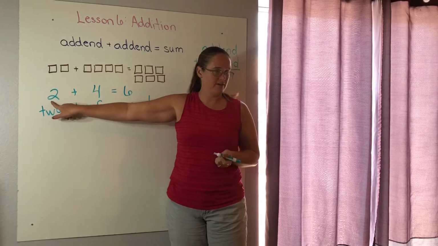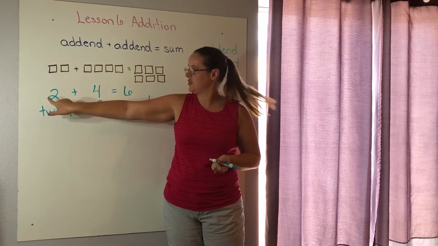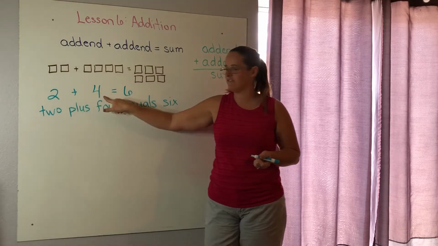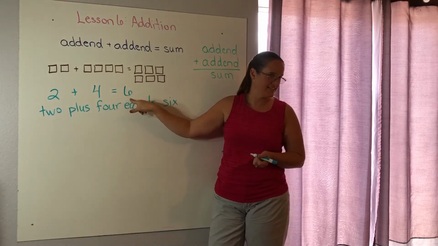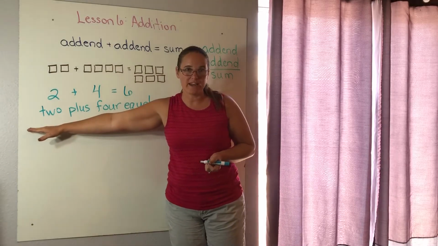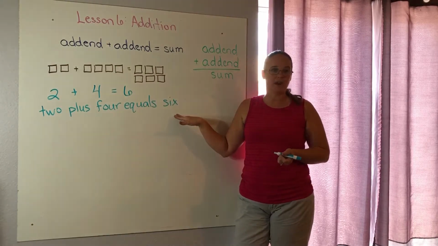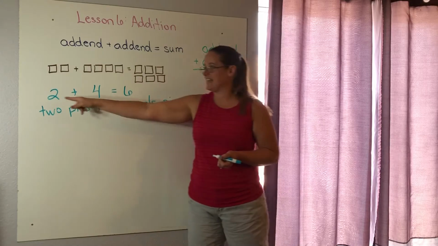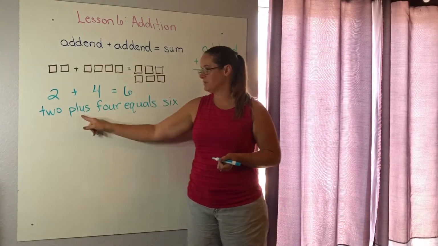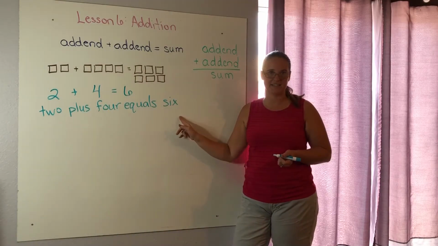So here, if I would read this, read it with me, boys. 2 plus 4 equals 6. If they ask you to write the problem in words, you're writing exactly what you would say as you read this problem. 2 plus 4 equals 6.